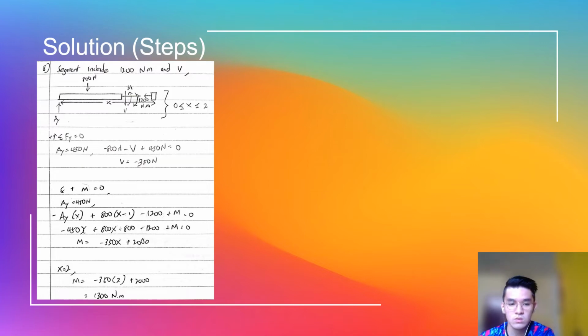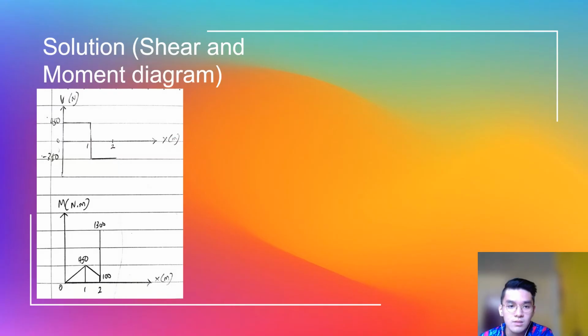This is because the moment of 1200 Newton meter was included, and it caused the moment equation to become negative 350x plus 2000. These are the shear and moment diagrams for the segment which includes 1200 Newton meter.